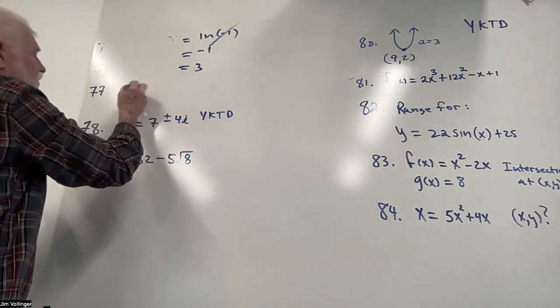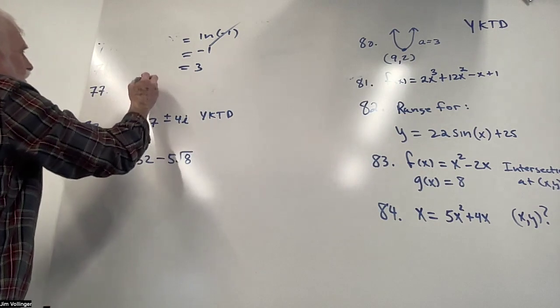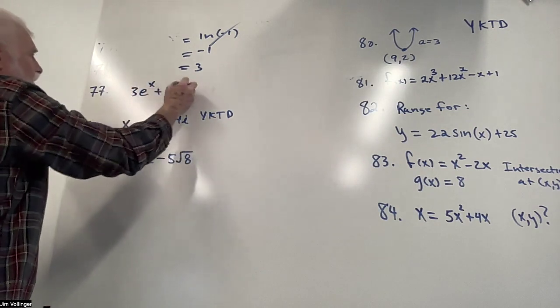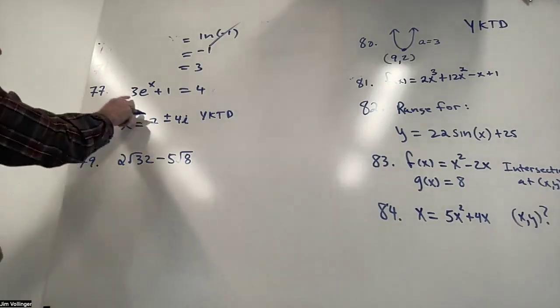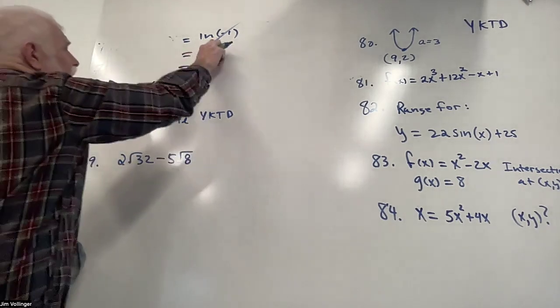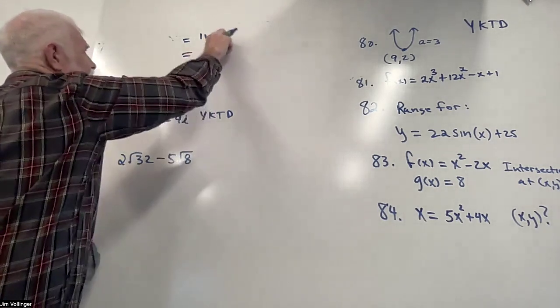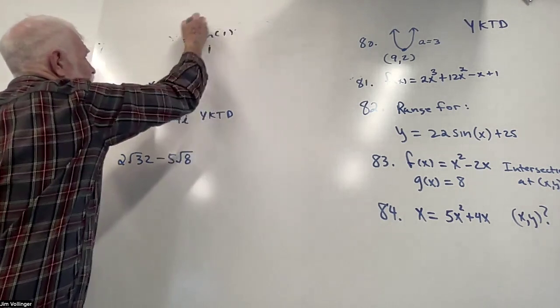Wait a minute. 3e to the x plus 1 equals 4 is what I said, yes? That graph should go through a height of 4. Take away 1. Oh, divide by 3. Positive 1. Ho, ho, ho. Wait a minute here. ln of 1 is 0.